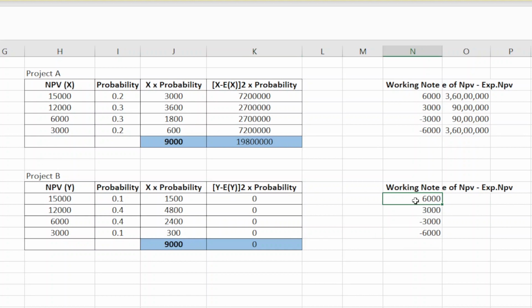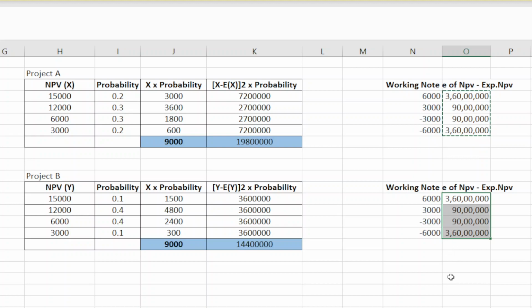Here it is 15,000 minus 9,000 again, 12,000 minus, the values remain the same. So the values remain the same, and of course that clearly gives us the idea that the square also remains the same. Correct? 3 crore 60 lakh, 90 lakh, 90 lakh and 3 crore 60 lakh.